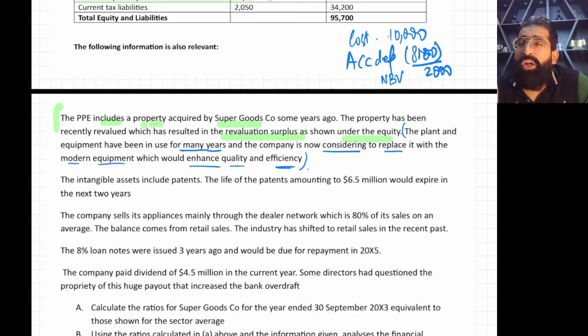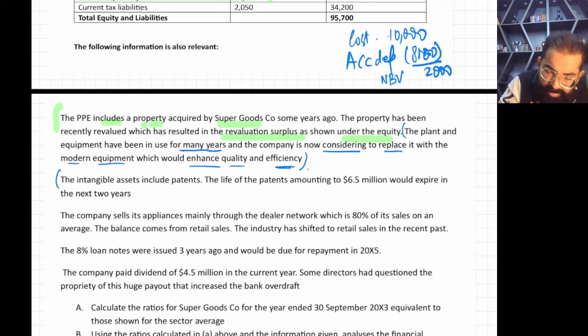And when you are not selling a high quality product, you are not going to get a good price. Low prices mean low margin, low GP margins, right? So there is a possibility your GP margin will be low because of this. So in this one paragraph I have discussed many points. Be very active.